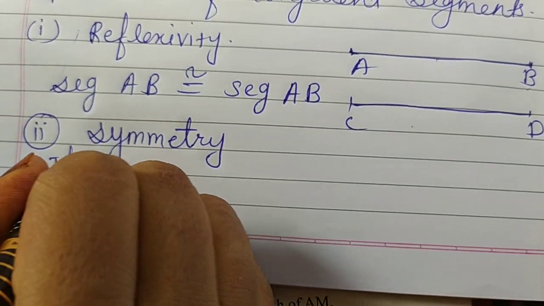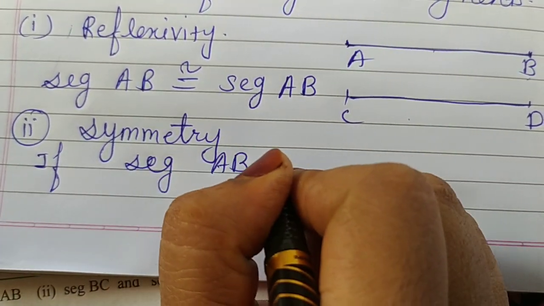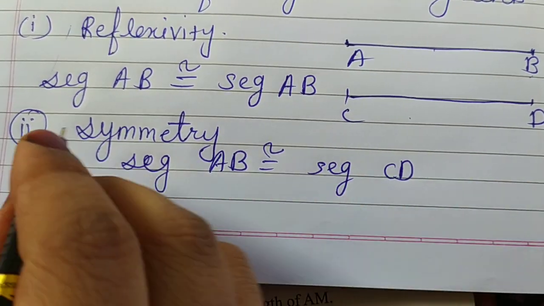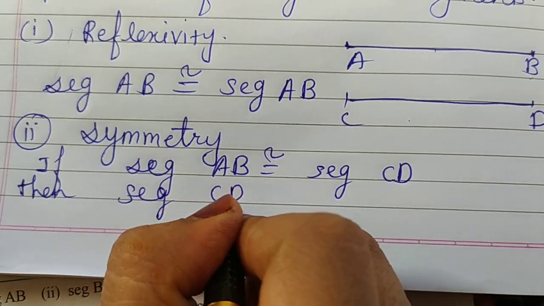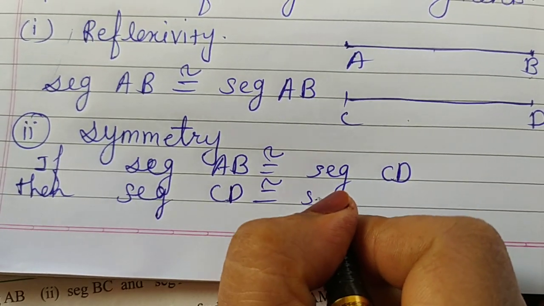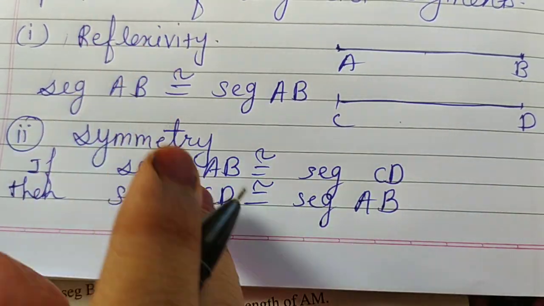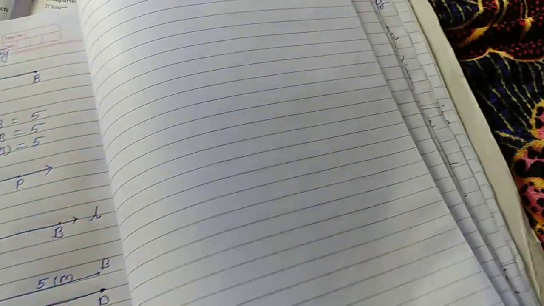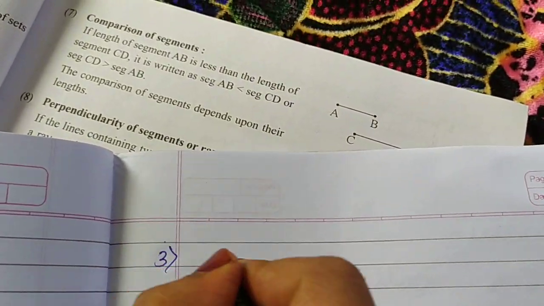If segment AB is congruent to segment CD, then segment CD is also congruent to segment AB. This is called symmetry. So these are two properties. Third property is transitivity.